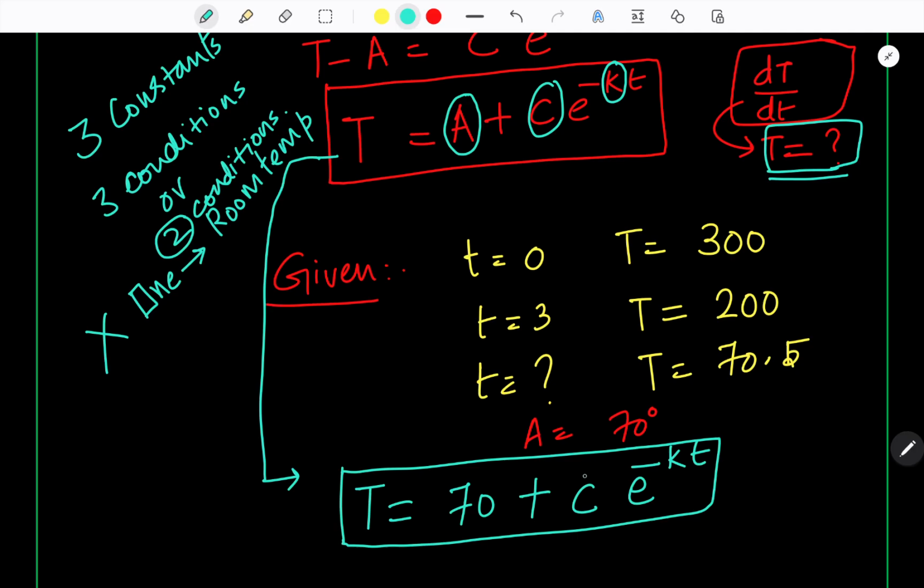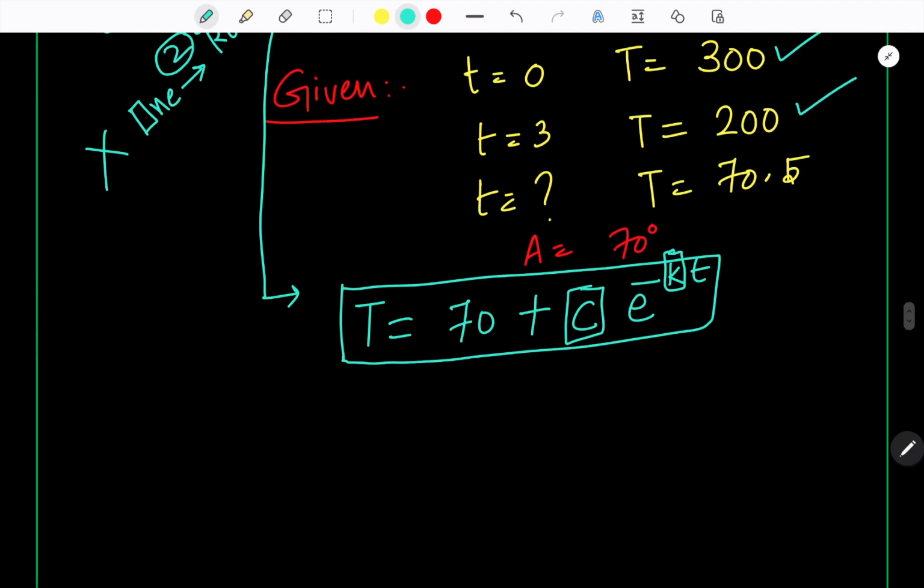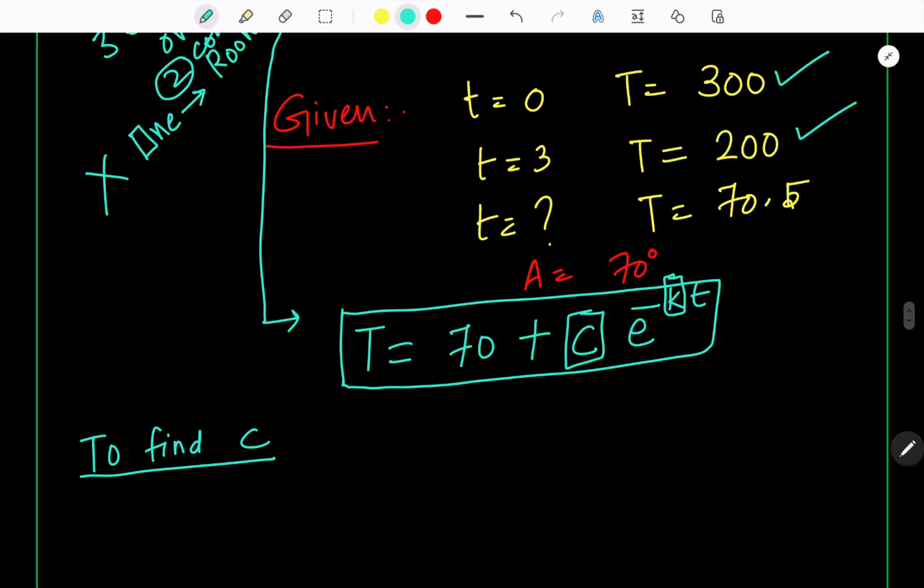Why? We have 2 constants, one is C, another one is k. So condition number 1, condition number 2. First we are going to find C. To find C, the condition is t is equal to 0, capital T is equal to 300.